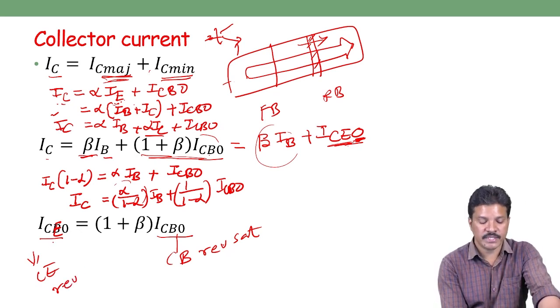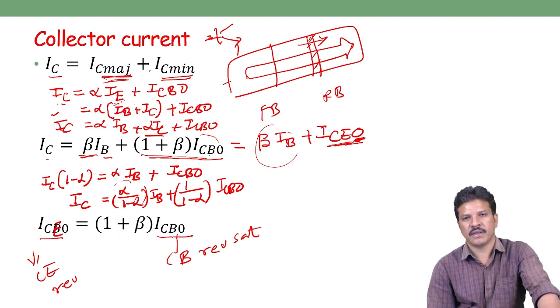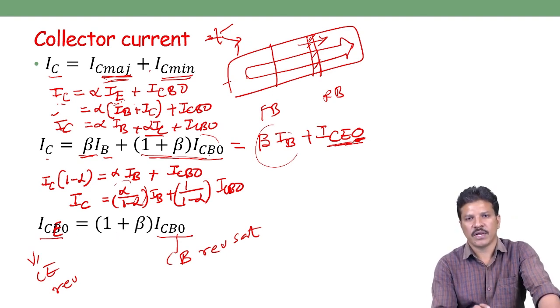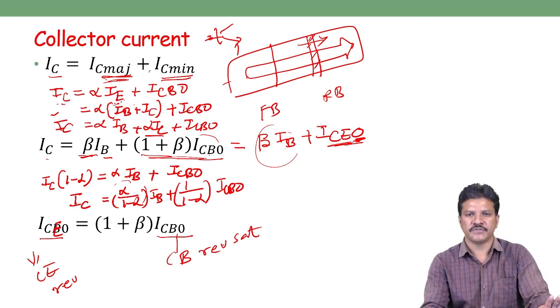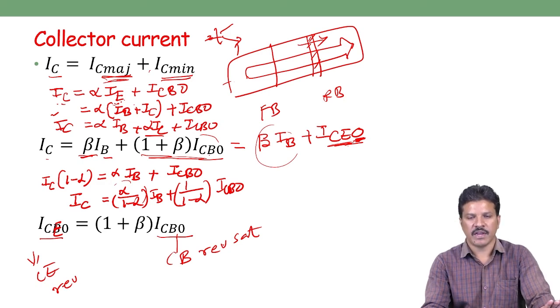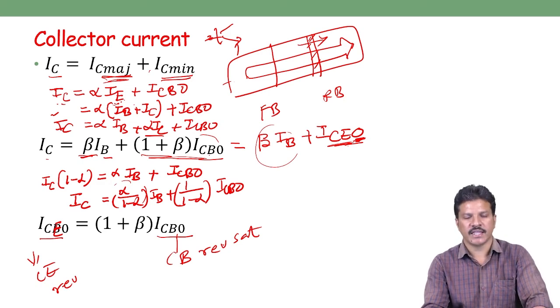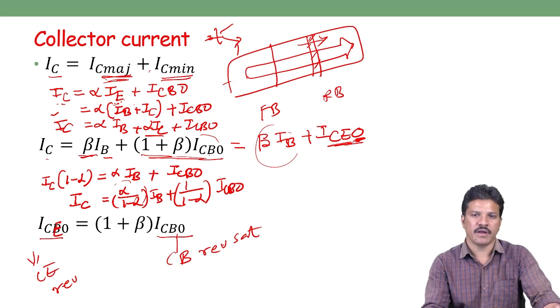So when measured, ICEO is always 1 plus beta times ICBO. In particular, beta ranges from 50 to 200, and on average the beta value is 100. So ICEO is 1 plus 100, approximately 100 times ICBO.